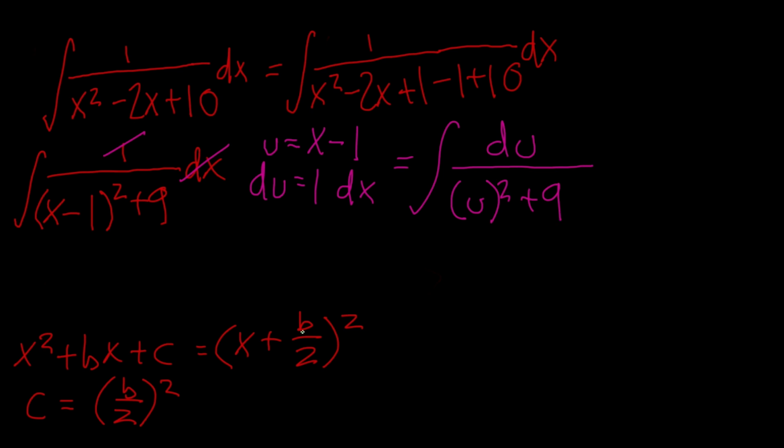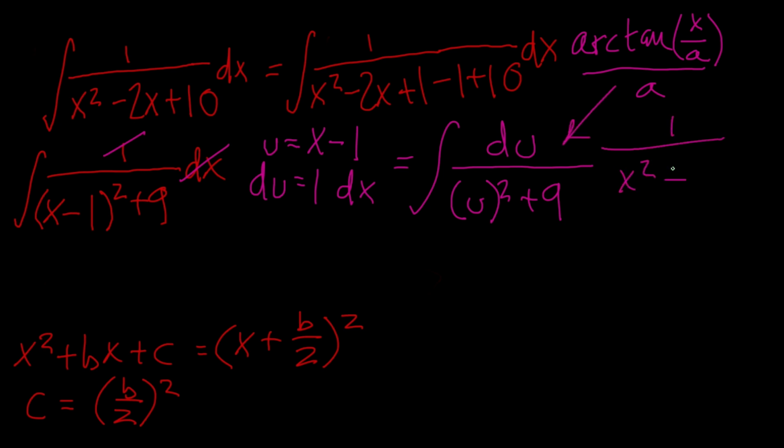Now we can use our trigonometric integral identities, which says that the integral of this form right here is just going to be arctangent. Just to remind ourselves, the derivative of arctangent of x over a, divided by a, is this form: 1 over x squared plus a squared.